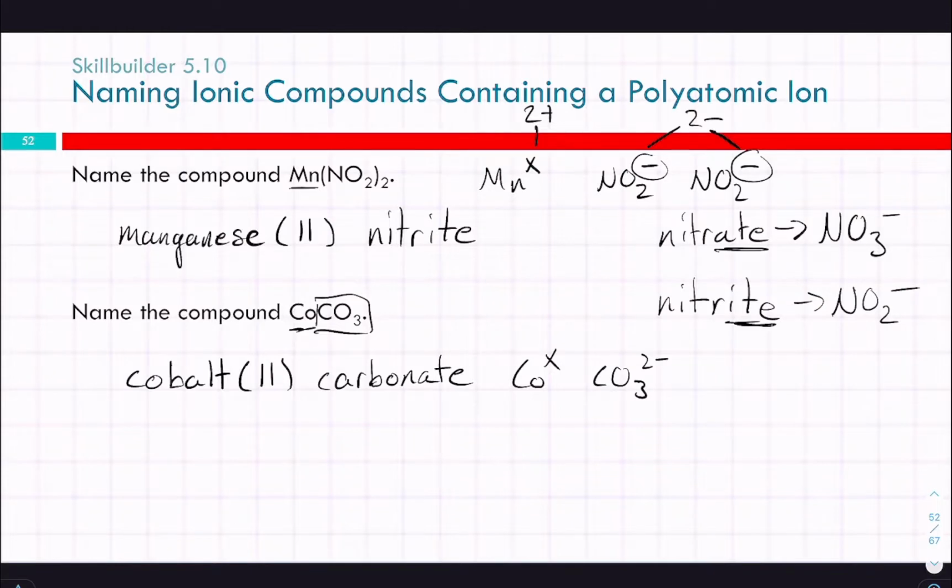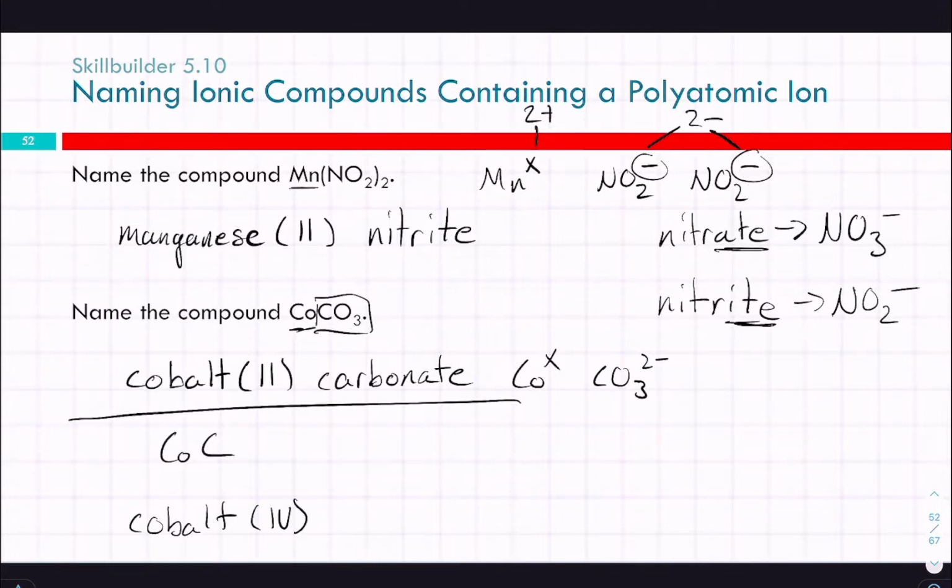So it could be easy to confuse this with, well, the reason that it has to have a different ending is because you don't want to confuse it with cobalt carbide. So that would be, actually carbon usually forms, if it does form a charge, usually it forms a positive charge, but we'll just say it forms a negative charge of 4-.